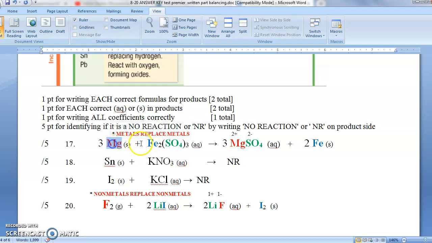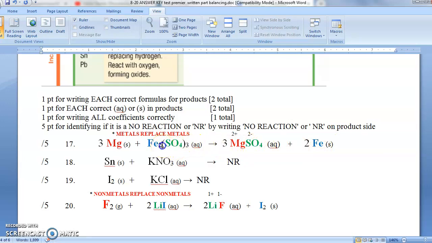So magnesium is going to replace iron in this equation right there. So there's the magnesium. It's an alkaline earth metal, always 2 plus, sulfate's 2 minus, crisscross. Iron was 3 plus, but it took electrons and lost its charge and precipitated out of solution.